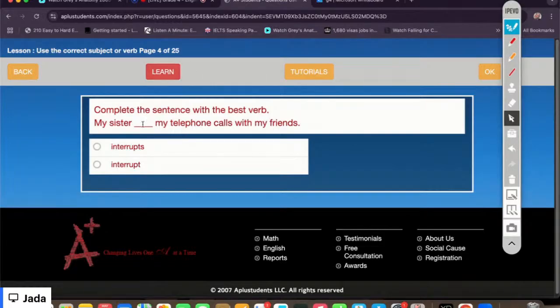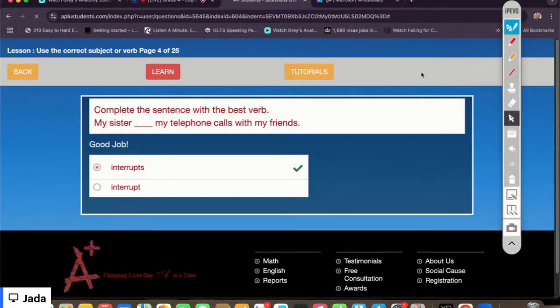All right, so sister is singular, so the verb has to have s, so it interrupts.